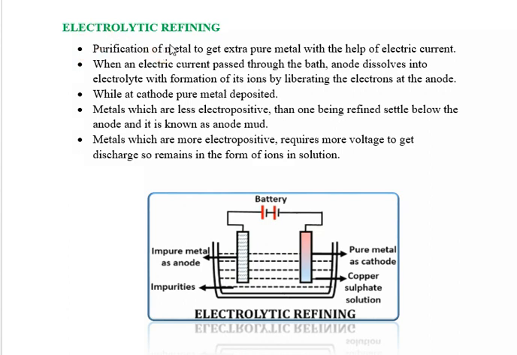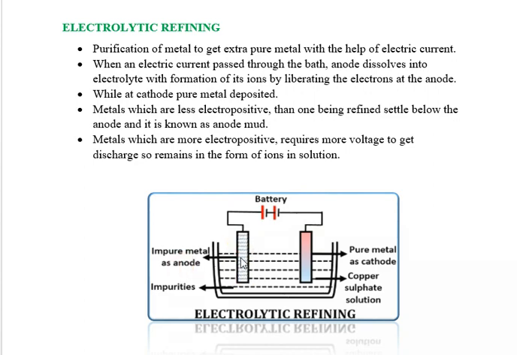The next one is the electrolytic refining method. This process is used for purification of metal to get extra pure metal with the help of electric current. It is called the electrolytic refining method. In this method, the impure metal, here you can see, is in the form of a thick plate.